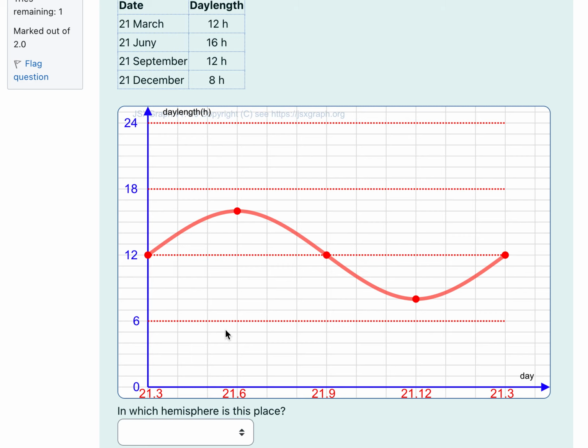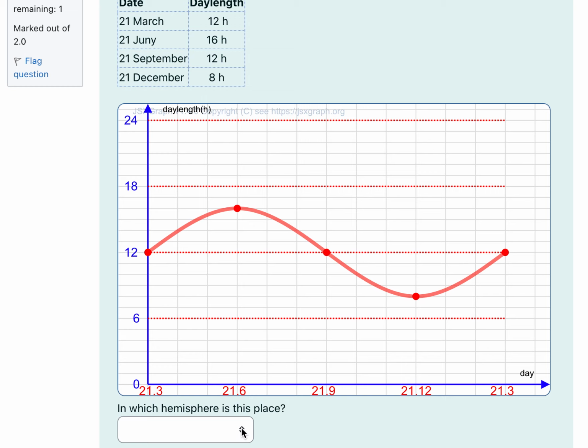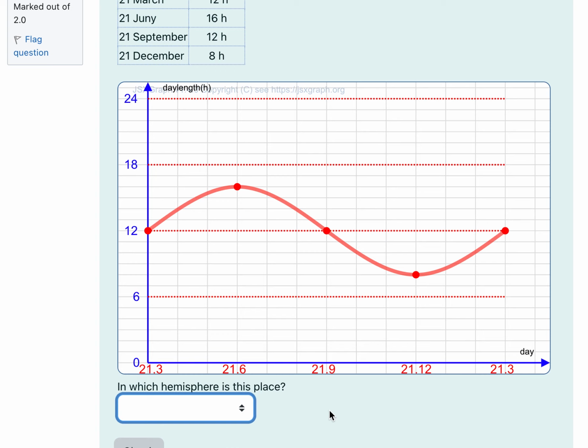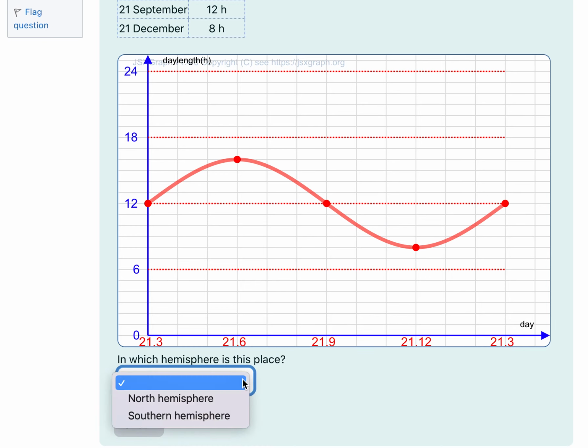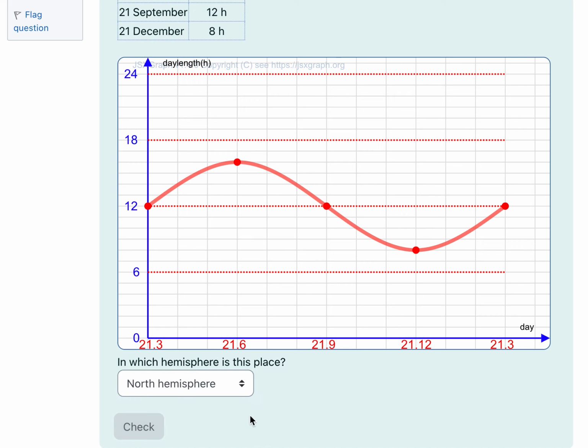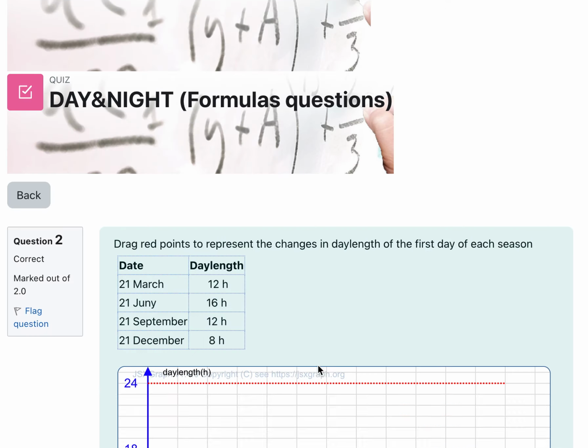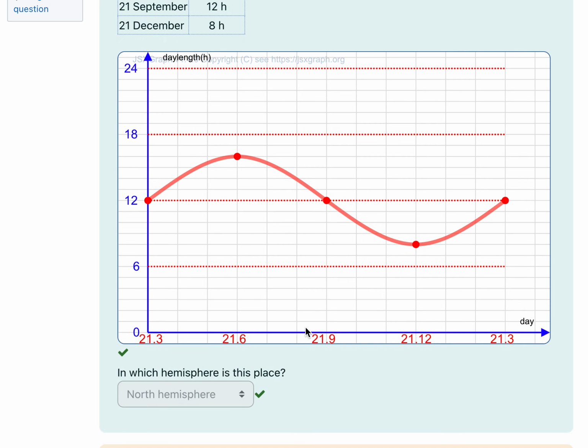Now we have to check which hemisphere this is. It is the north hemisphere, and then we check, and it's okay.